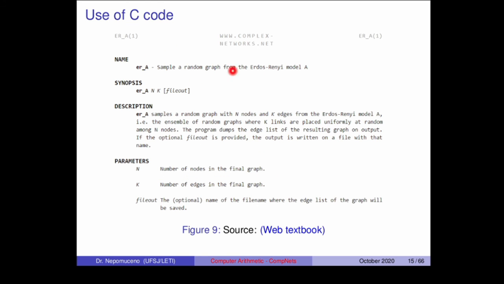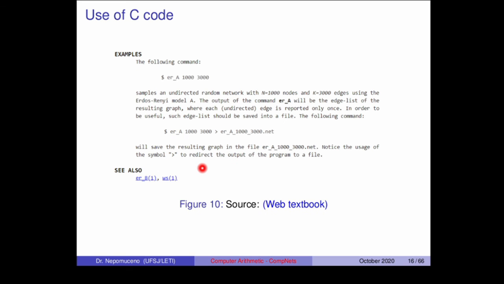When you go to that web textbook, each code has this basic description structure: the name of the function, synopsis, description, parameters, and how to use it. And there are examples of how to use it.